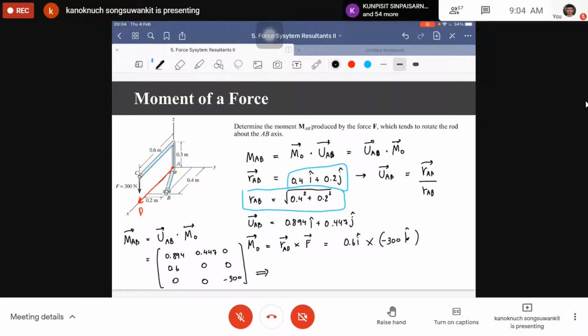And from this matrix, you will have a scalar that defines the magnitude of MAB.